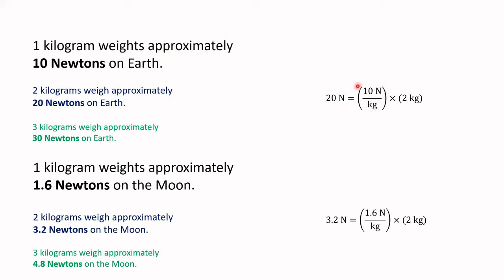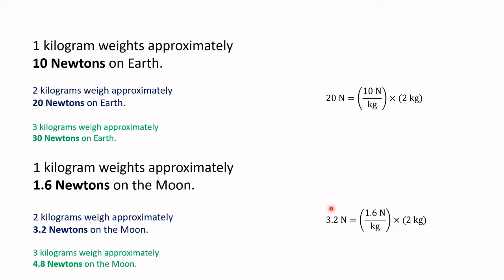So if I take that ratio of 10 newtons for every kilogram and multiply by how many kilograms I'm dealing with, that will give me the total weight. Simple as that. Take the weight per kilogram times how many kilograms you've got, and that would give you the total weight. So on the moon, each kilogram weighs 1.6. So if you have a mass of 2 kilograms, that would be like a 2-liter bottle of Pepsi. It should weigh 3.2 newtons.